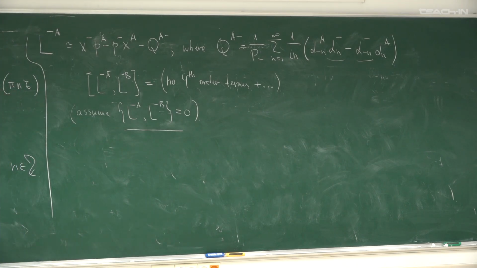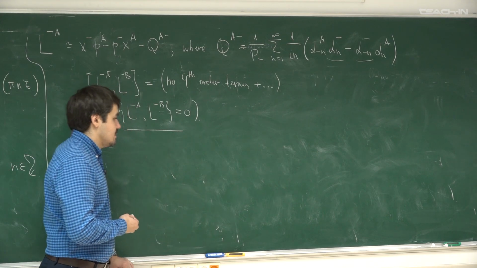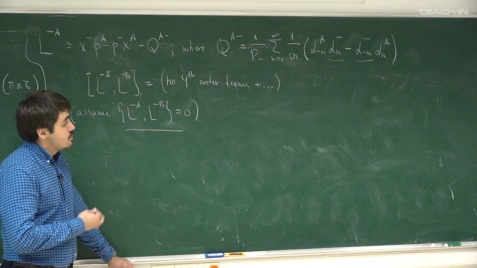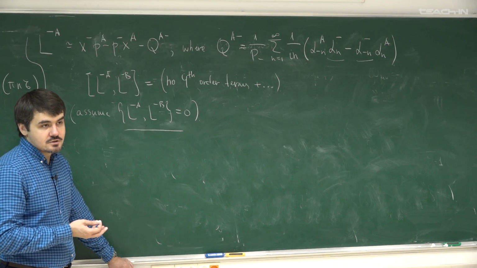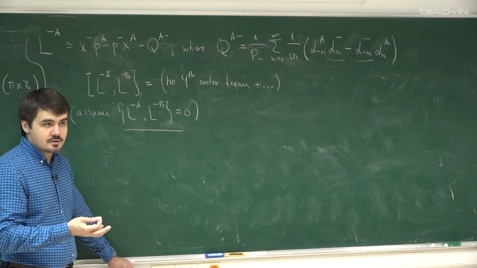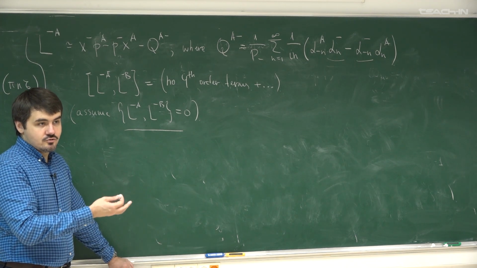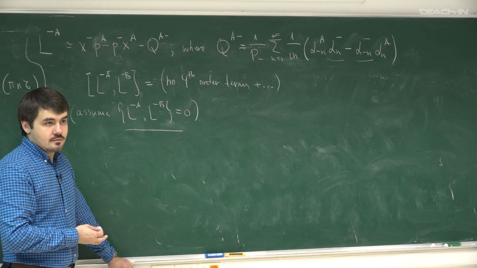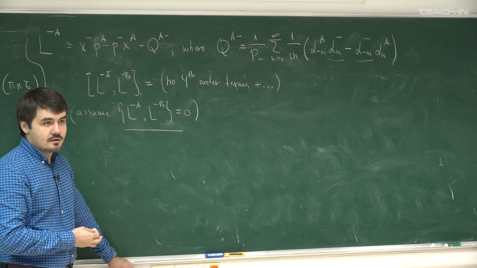And secondly, we're not commuting the generators of the conformal algebra. So why would we get a central charge? The central charge is for the conformal algebra. We're commuting Lorentz algebra generators. So this is some target space symmetry, right?